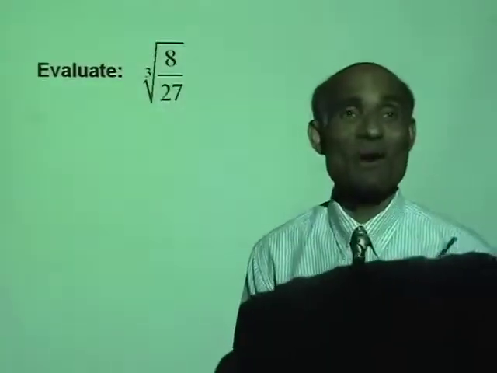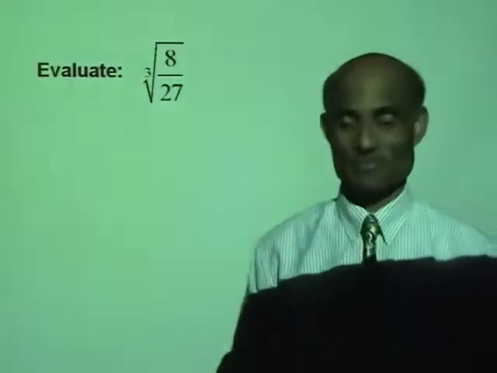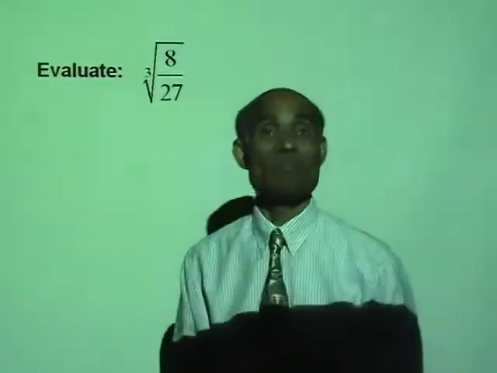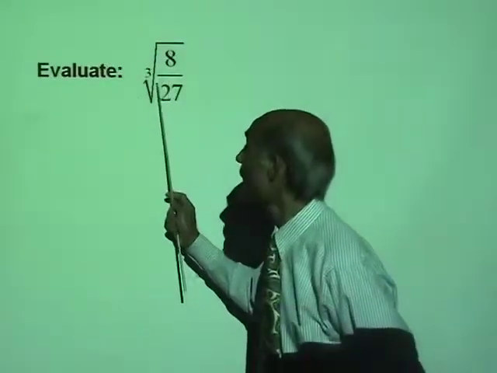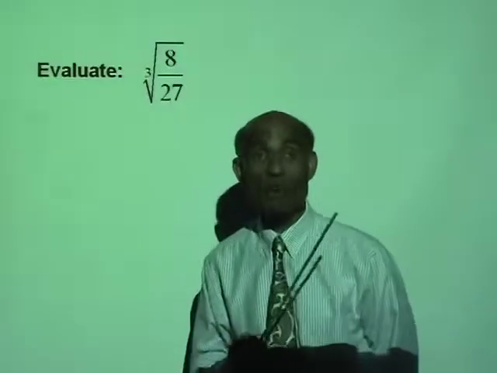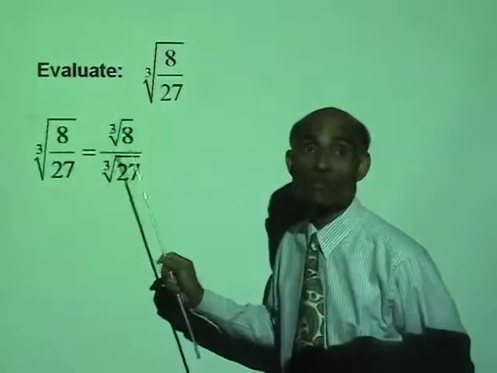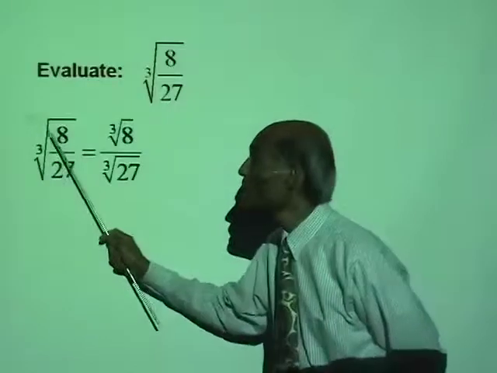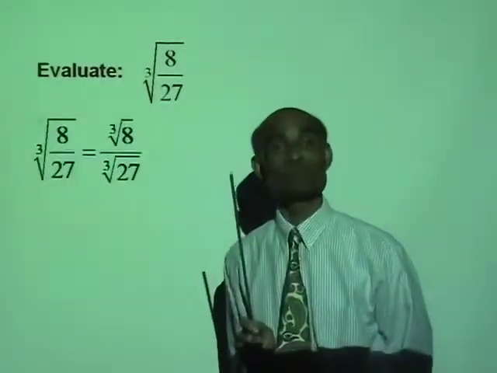Find the value of the cube root of 8 over 27. If you know your numbers, you would immediately tell me, yes, I can find the cube root of 8. I can find the cube root of 27. Can you? And therefore, we will use the property we discussed earlier and write it like this. The cube root of 8 over 27 is the cube root of 8 divided by the cube root of 27.